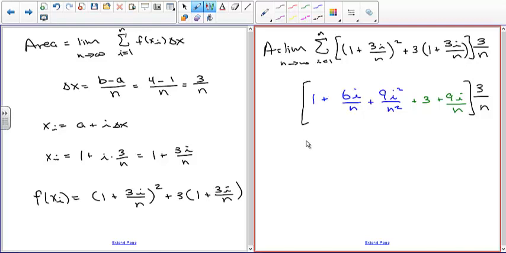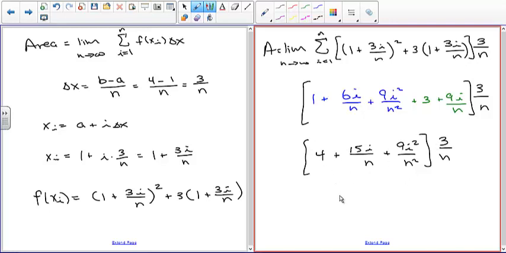So the next thing you do is combine like terms. 1 plus 3 is 4. 6i over n plus 9i over n is going to be 15i over n. And then you've got 9i squared over n squared. And that's multiplied by 3 over n. The final step is to multiply this out.